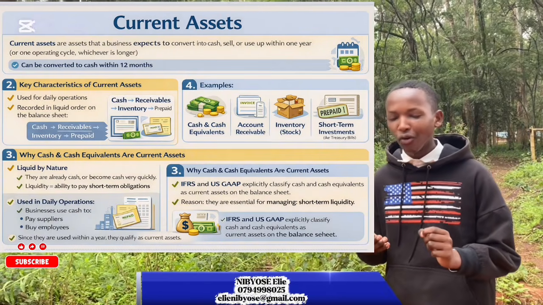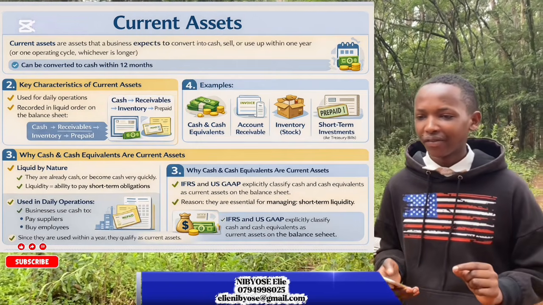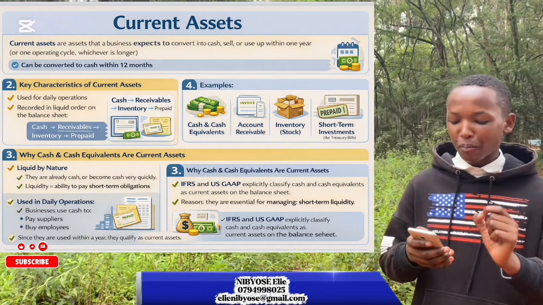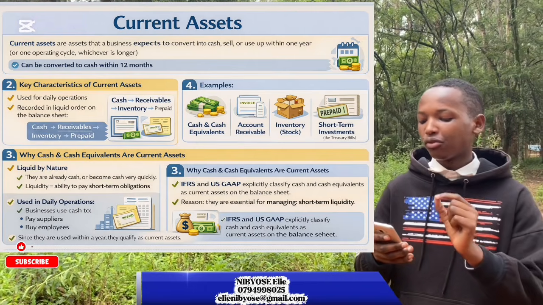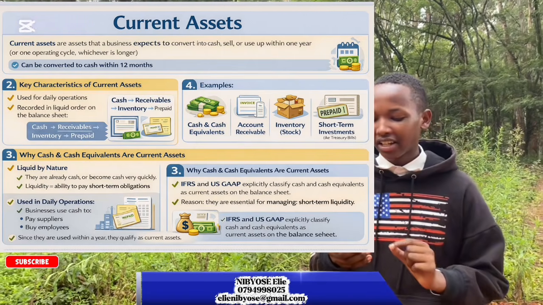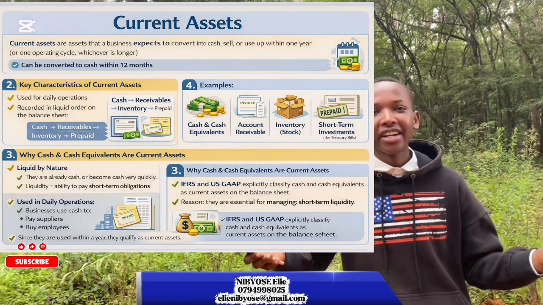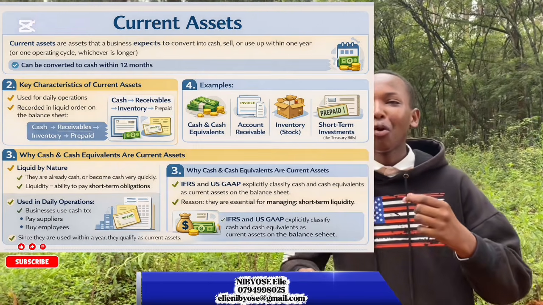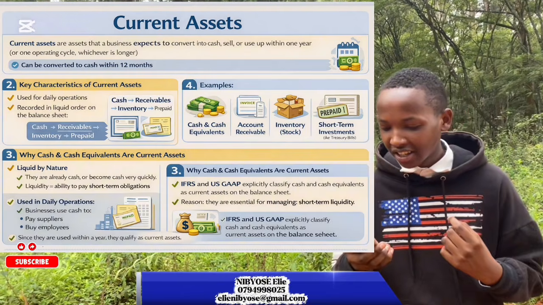Another example of a current asset is accounts receivable. Accounts receivable is money owed to the business by customers who have bought goods or services on credit. It will be collected soon, usually within 1 year. This is why it's a current asset, because we expect to collect it within 1 year.